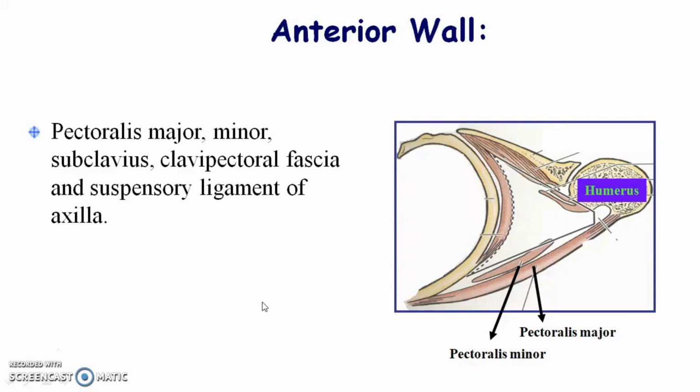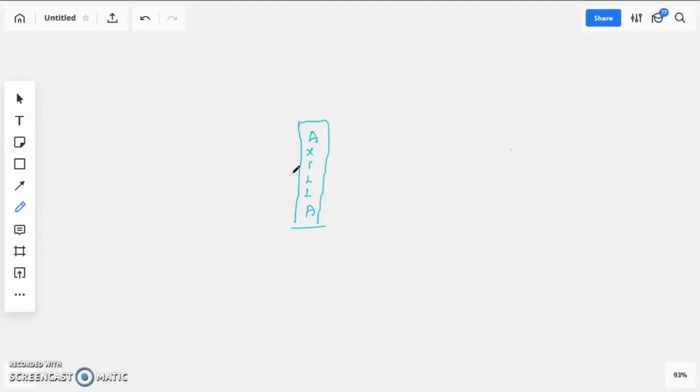Now we will go for the simplest diagram for this particular wall. About the anterior wall relations we are going to see. So imagine this as the axilla. If you have the axilla, this will be called the anterior aspect, just for imagination, and this will be the posterior aspect. So in the anterior wall, we will be having skin first. Then we will be having superficial fascia in the second layer.